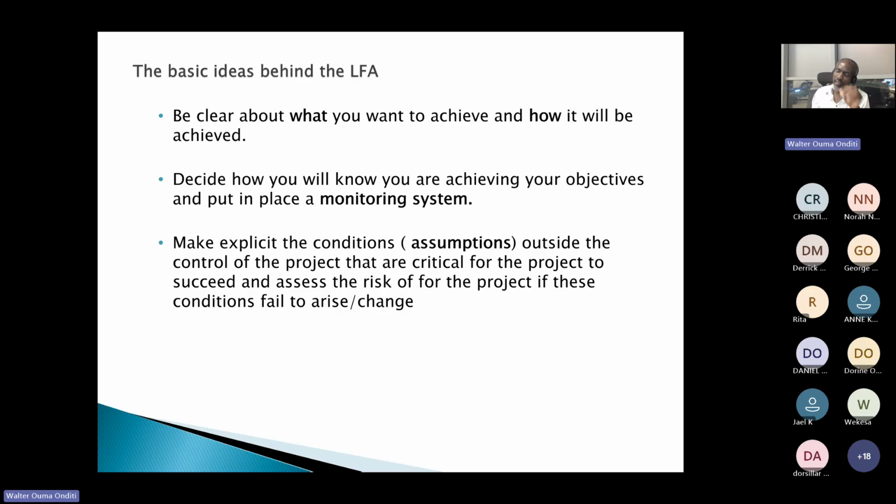And if the government policies are not friendly, then you cannot move to the next level. In other words, that project is not feasible. So you go with an assumption that indeed government policies are friendly. So what is going to happen? You have to work to ensure that the policies are friendly for you to achieve the next level. So when you go with that assumption, if there is chaos and the policy becomes unfriendly, then the project is no longer feasible.